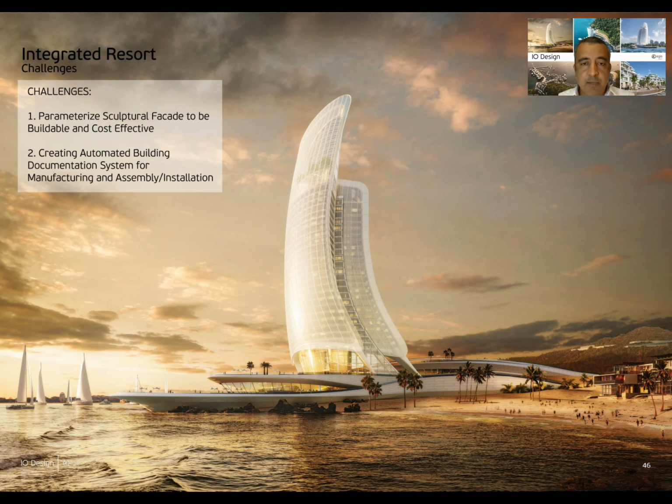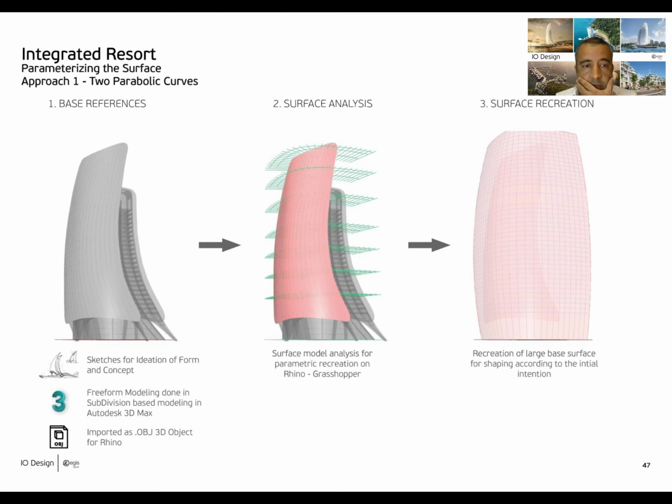Of course, in this one, because it's a sculptural element, we had different challenges. So we started by converting our sketches and our vision into free-form modeling using different computerized tools, to get to a graphic or visual expression that the client was happy with.